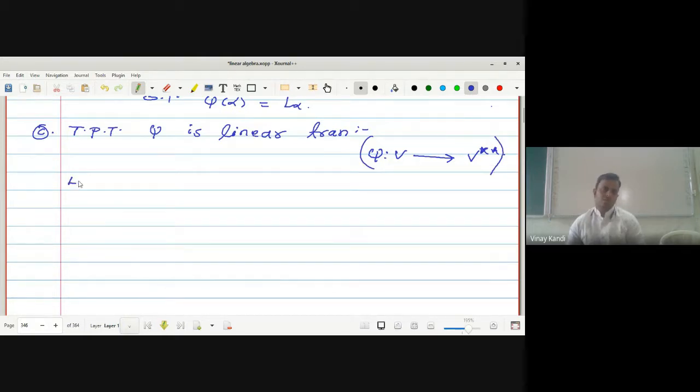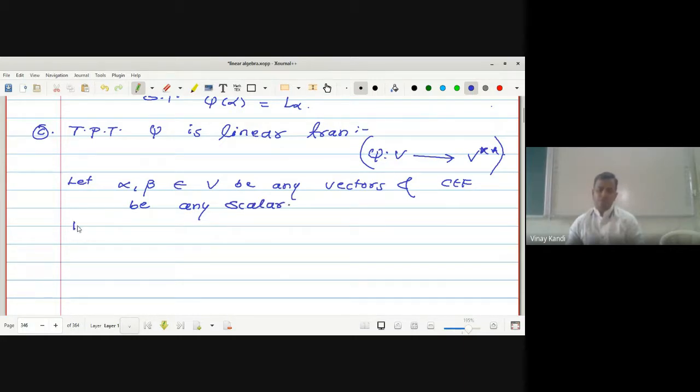So let's take any two elements alpha and beta belongs to V, any vectors, and c belongs to capital F, any scalar.